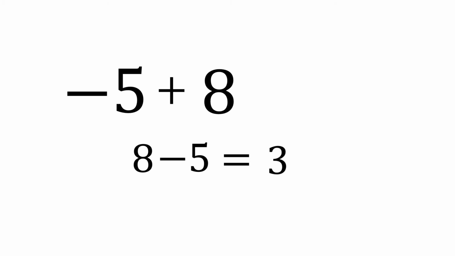So that means the answer must be equal to 3. But the question is, what is the sign? So the sign must be following the sign of the bigger number. So the bigger number is 8, and the 8 is positive. So the 3 must also be positive. So our sum is positive 3.